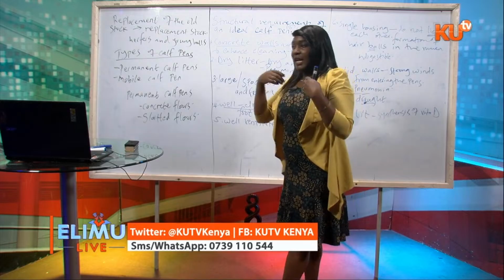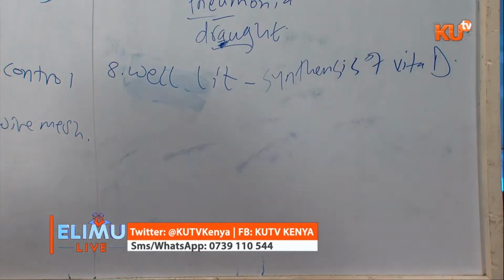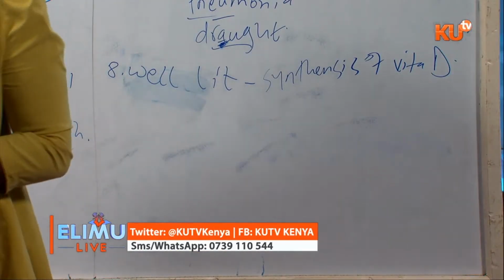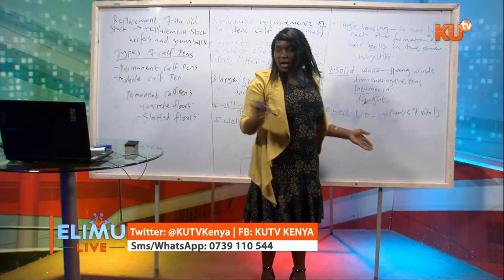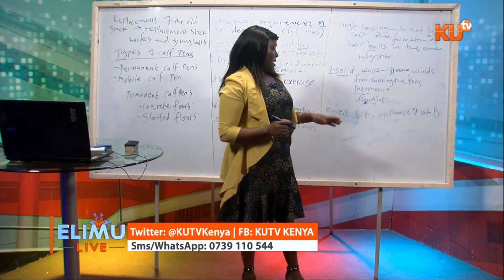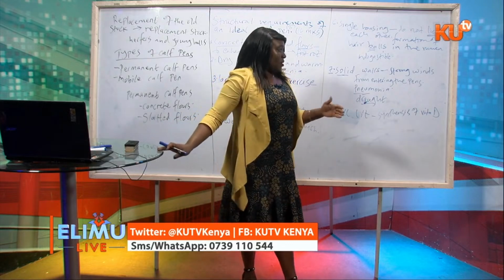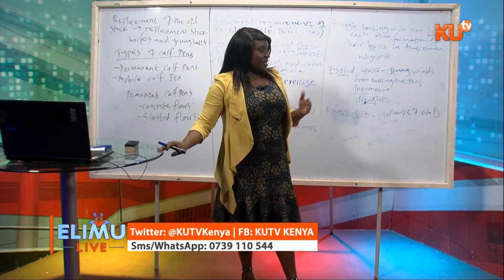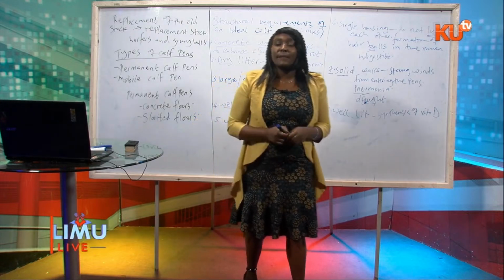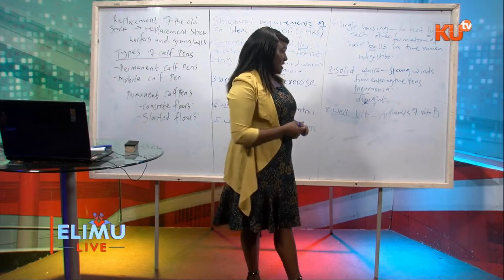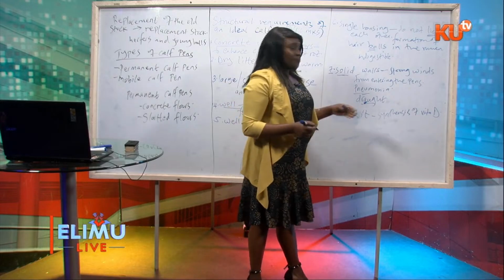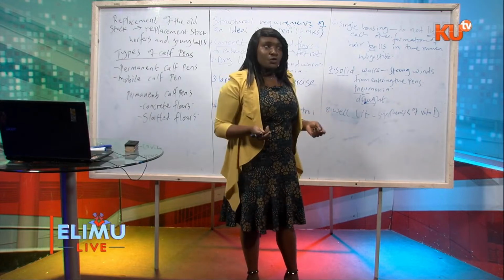And again, I would like to pose a question, and I'm expecting a response on the SMSs. What is the deficiency brought about by lack of enough vitamin D? Deficiency of vitamin D causes which disease, whether in livestock or in humans?